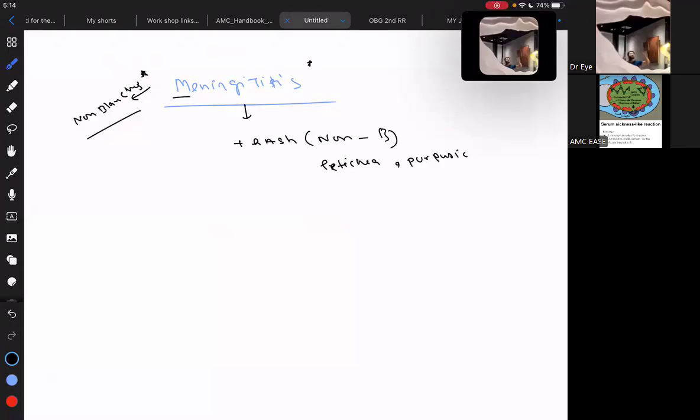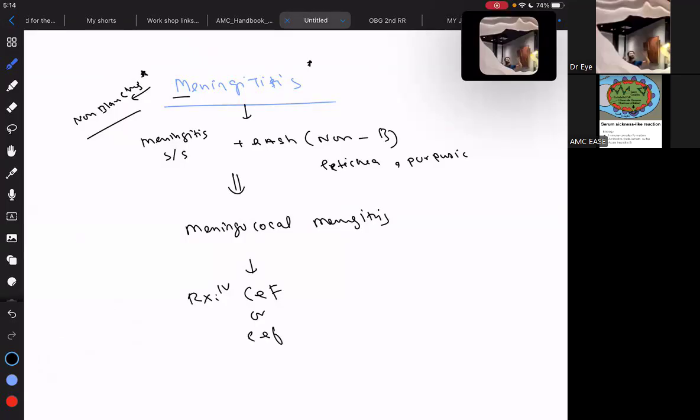So it is a case of meningococcal meningitis. The first thing you will do is insert the IV line and start the treatment. Treatment with IV ceftriaxone, as soon as possible.